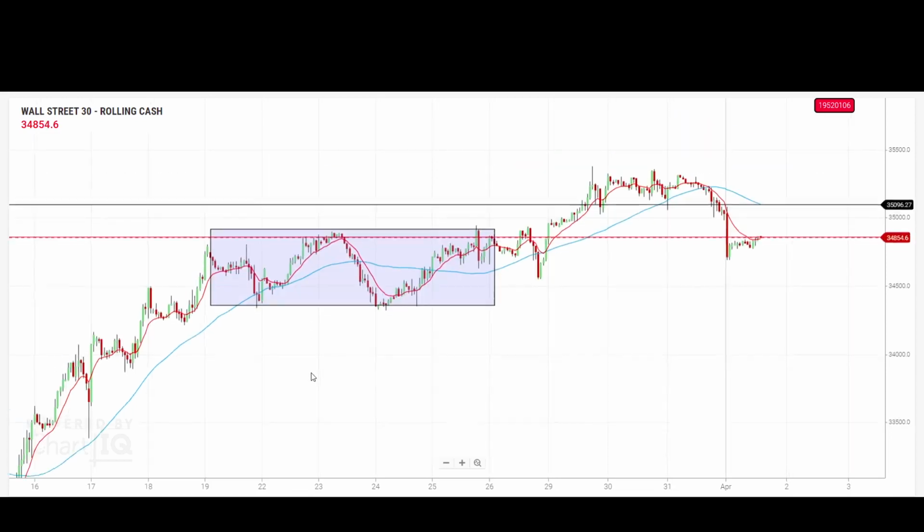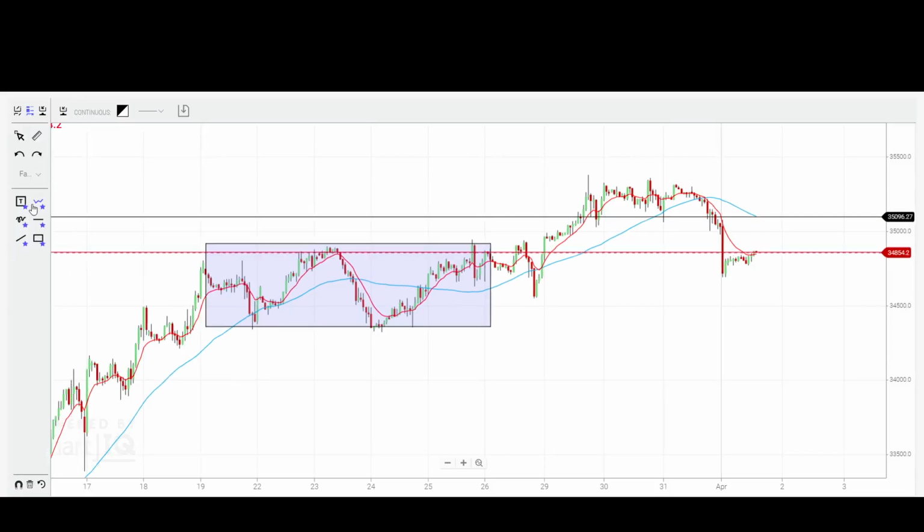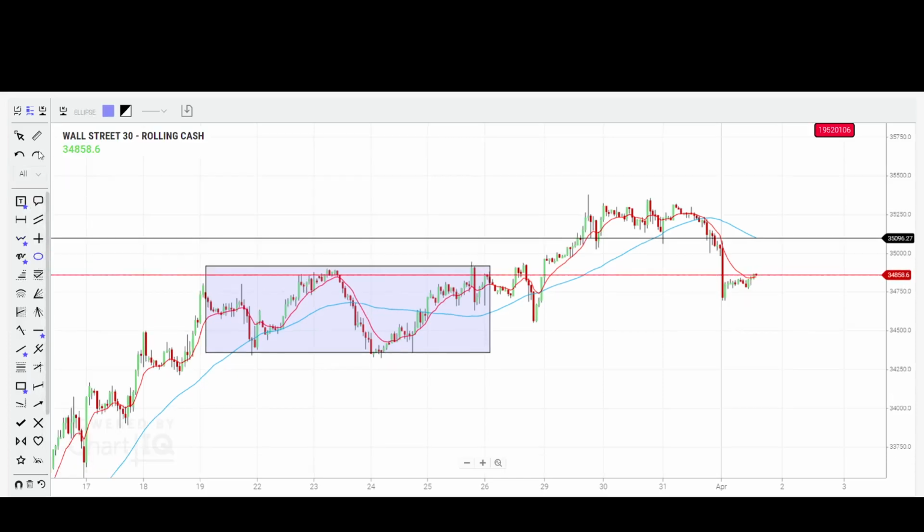So what the market does is, it either makes a high, then it makes a low, then it makes another high, another low, and so on. So if the market were to make a high, a low, and the next high was higher than the previous high, as you can see here, and the next low is higher than the previous low, right? Let me mark it out.